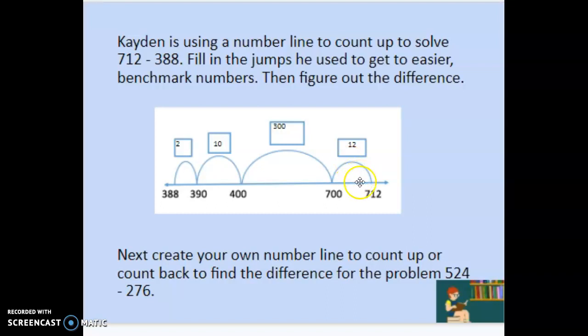If you're hopping backwards, you're still going to start on the number line with this number and put your numbers here at the bottom as far as how many you want to go up to get to the benchmark numbers to get to the whole, but you're going to hop backward this way. So I think earlier when I said that you would start with the bigger number, I was meaning as far as hopping goes. Your number line should still start with the smaller part that you're taking away.